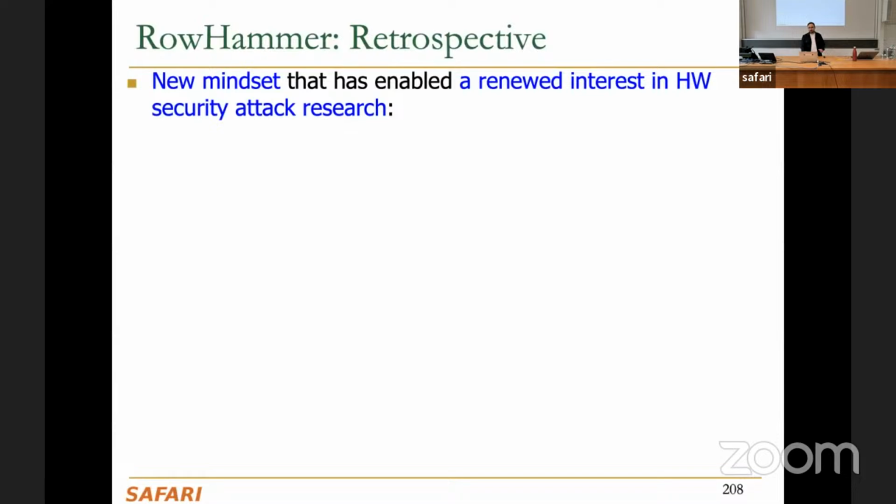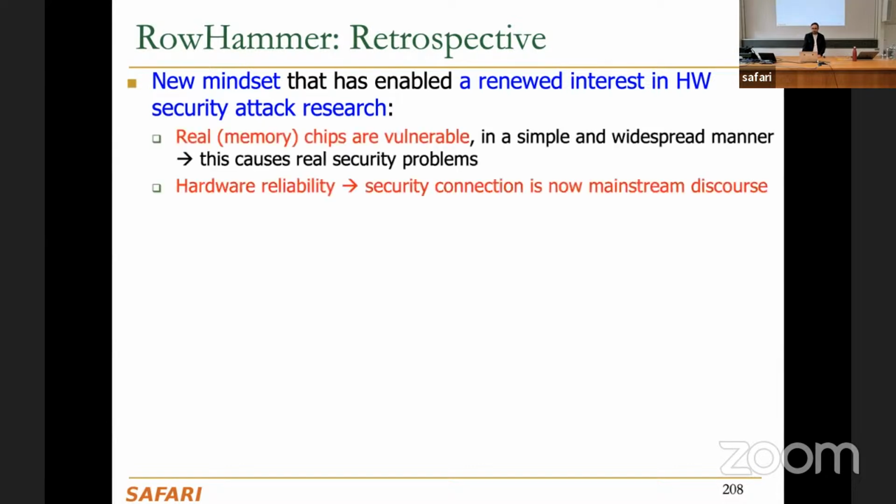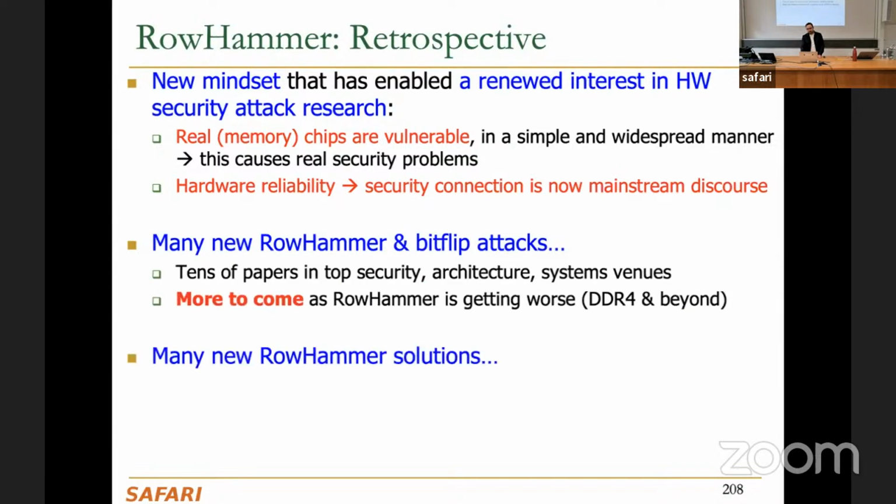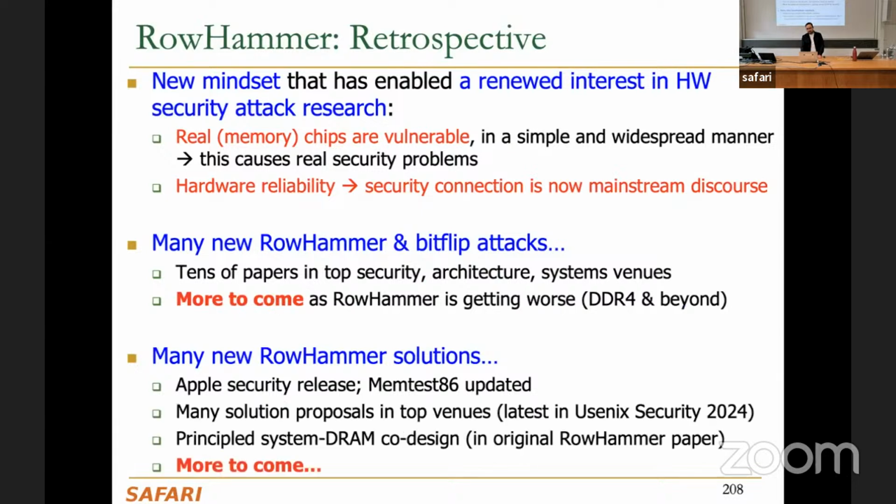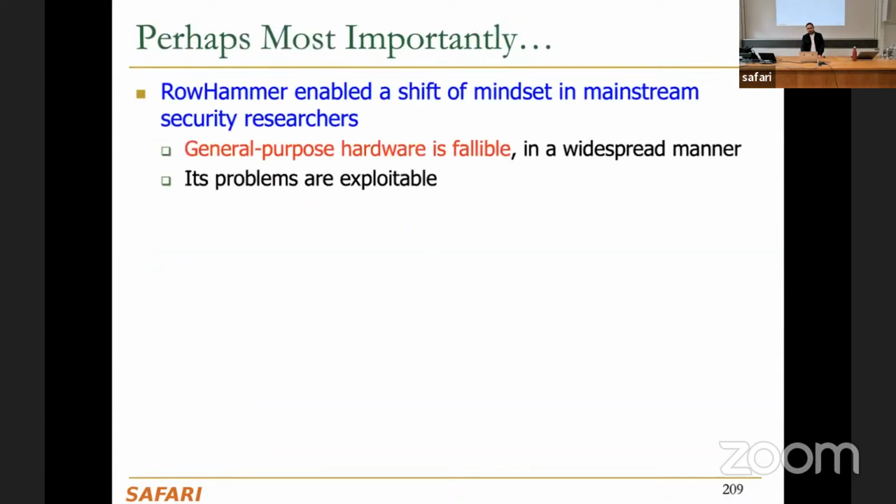So RowHammer set up a new mindset, and it renewed the interest in hardware security attack research. And it shows us repeatedly, actually, hardware security is important, and we need to understand our systems better. We have many RowHammer and Bitflip attacks. Tons of papers come every year, and many new RowHammer solutions as well, but more to come.